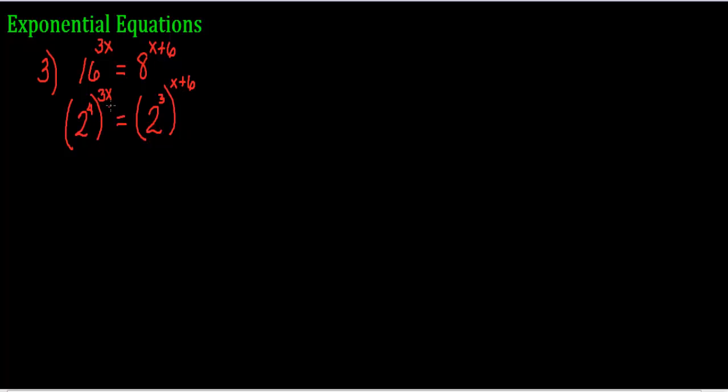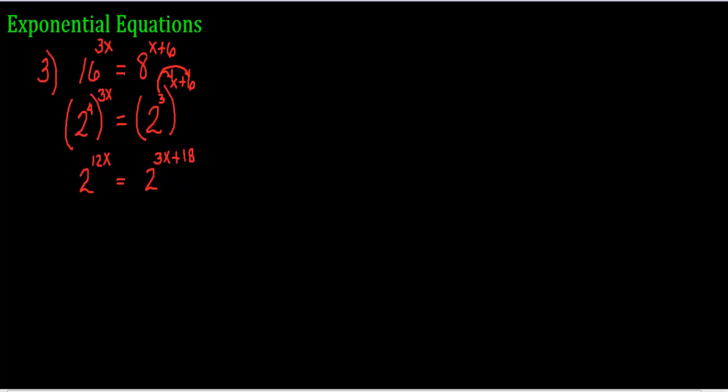Whenever we have a power raised to a power, we multiply the powers. So this side becomes 2 to the 12x, because 4 times 3x is 12x. And this side becomes 2 to the 3x plus 18, because we distribute the 3: 3 times x is 3x, and 3 times 6 is 18.